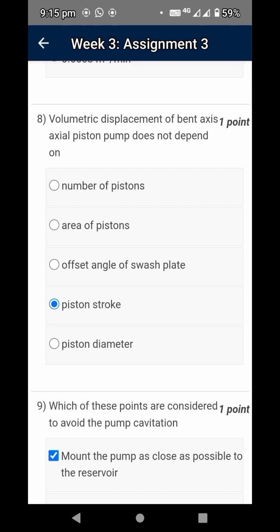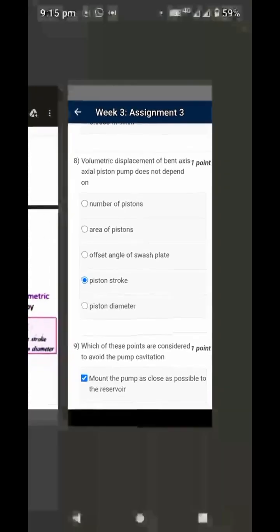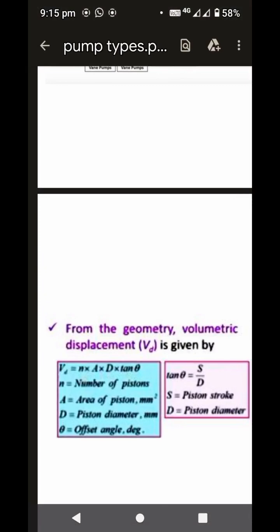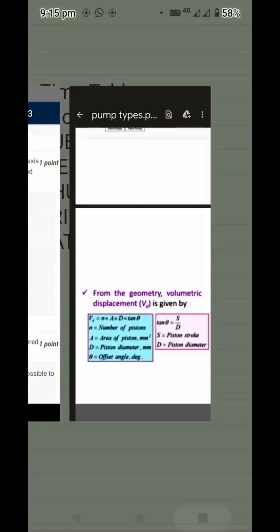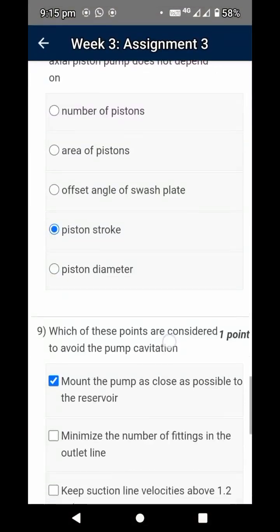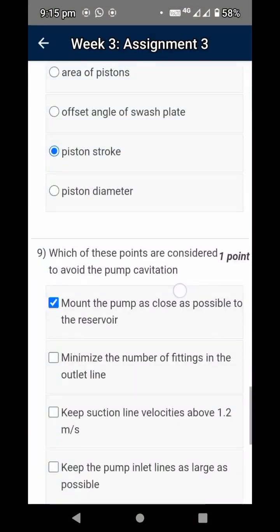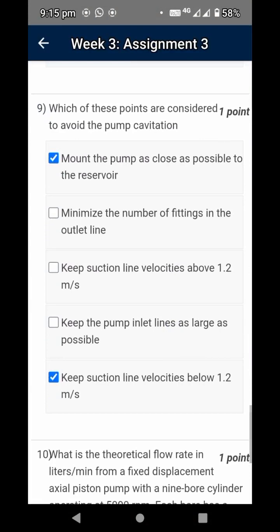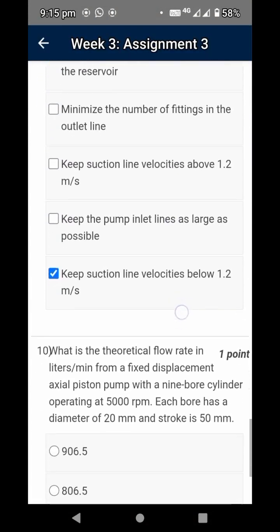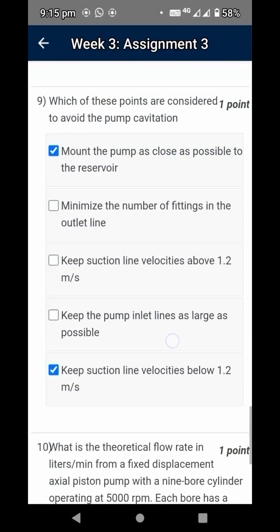All the other options depend on the volumetric displacement. So from the formula we can easily take out the answer. So the answer is option number 4, piston stroke. Which of these points are considered to avoid pump cavitation?